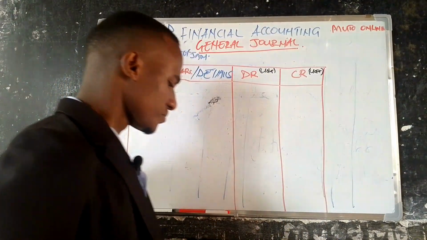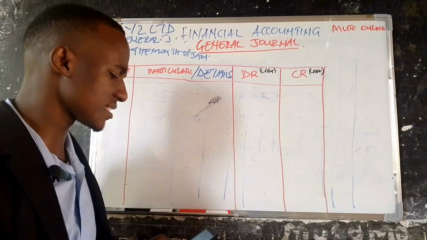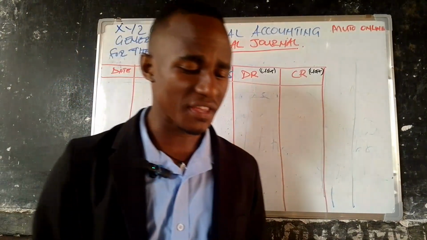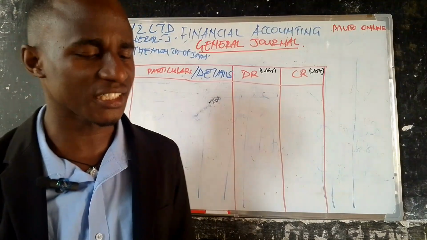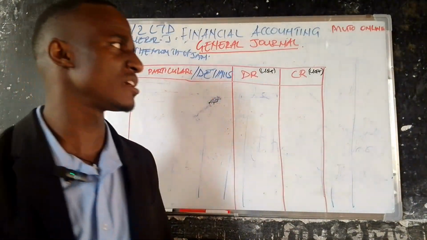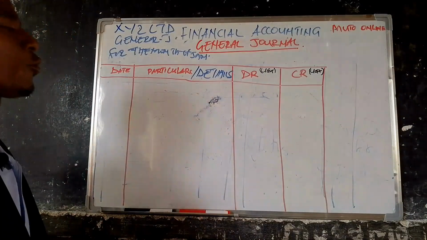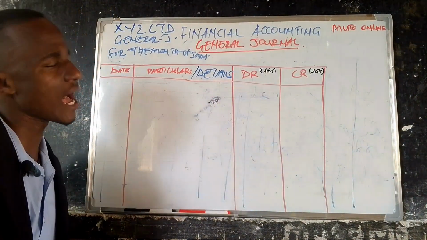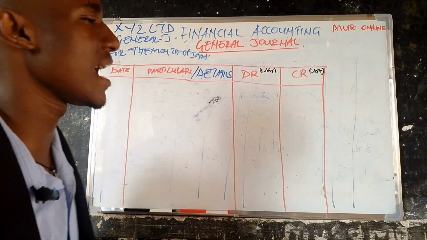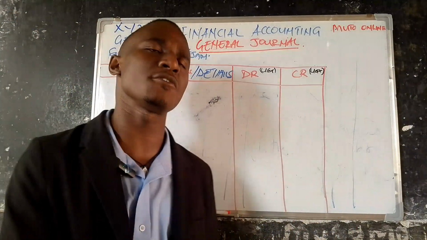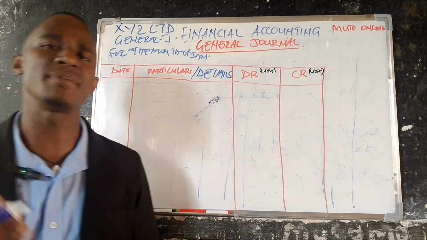So here they are telling us that on 1st January XYZ Limited started business with cash at hand and cash at bank. Cash at hand was 2 million and cash at bank was 3 million. Here we are going to form two or more accounts, because this is the starting capital that was invested into the business.